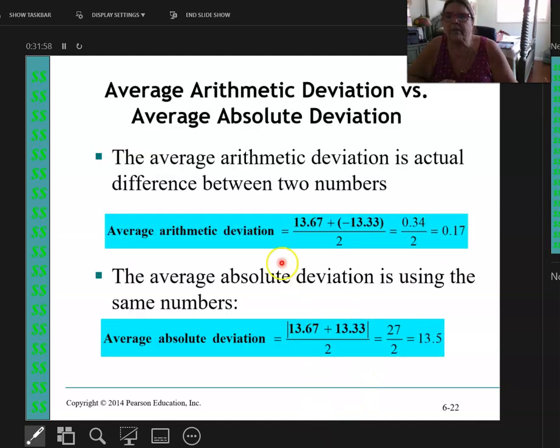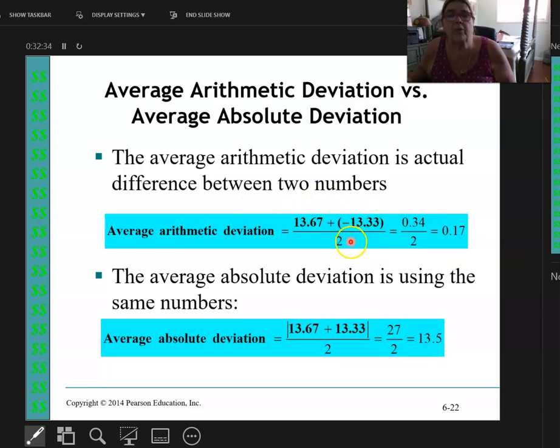Okay, let's move on. This is average arithmetic deviation versus average absolute deviation. The average arithmetic deviation is the difference between two numbers. I'm going to take this number, and by the way, these numbers came off the chart. I didn't go back and get the chart, but these numbers came off the chart. So I'm looking at the difference, which is 0.34, and then I'm going to divide by 2 because I'm using two concepts here.